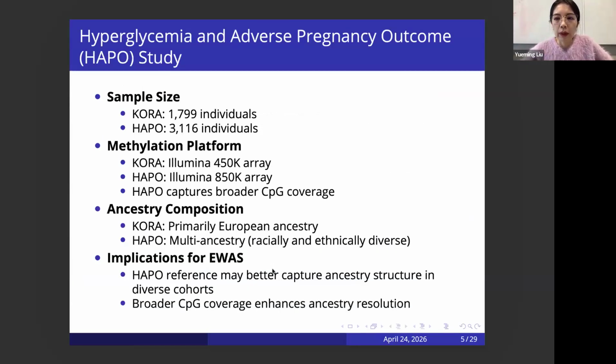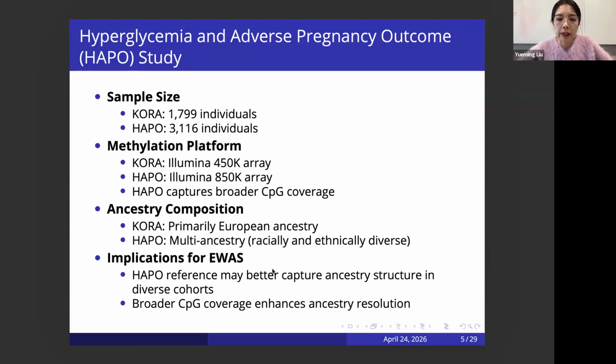So here we want to derive a new reference set that is based on a more diverse cohort, the HAPO cohort. The Hyperglycemia and Adverse Pregnancy Outcome study has a sample size of about 3,000 individuals. The methylation platform is the Illumina 850K array, which captures broader CpG coverage.